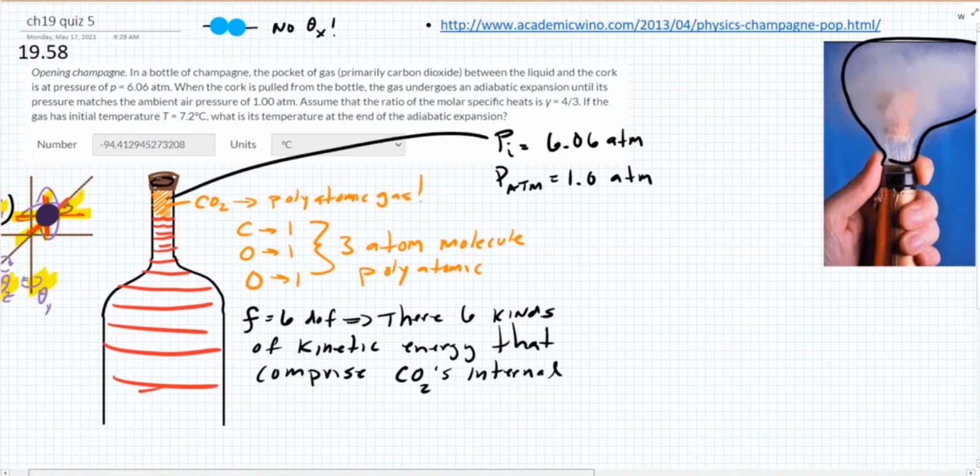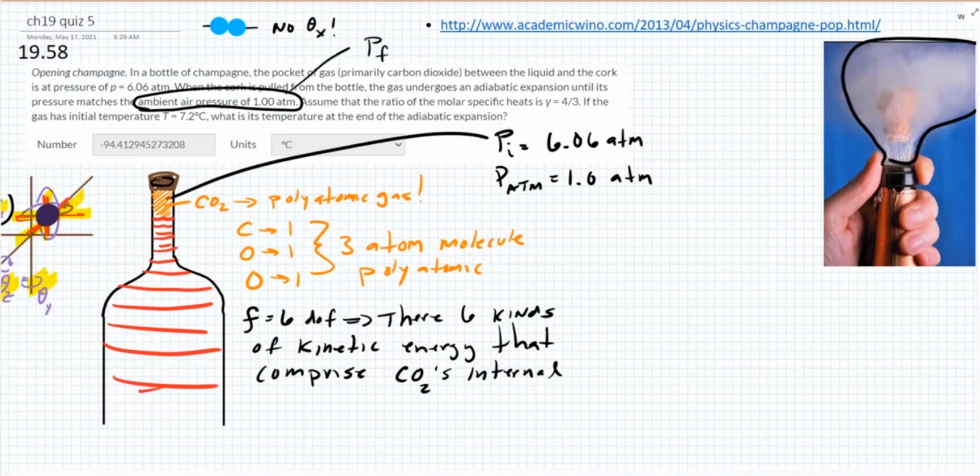Okay. So the final pressure here: the gas undergoes an adiabatic expansion until its pressure matches the ambient air pressure of 1 atm. I'm going to call that my final. I start out at some initial pressure, 6.06 atm.